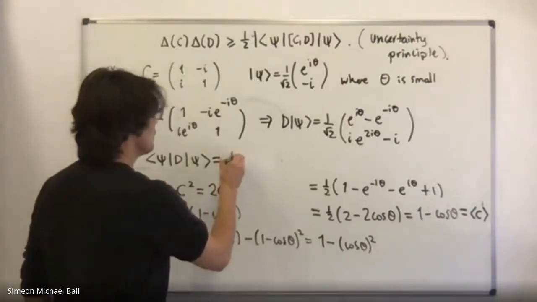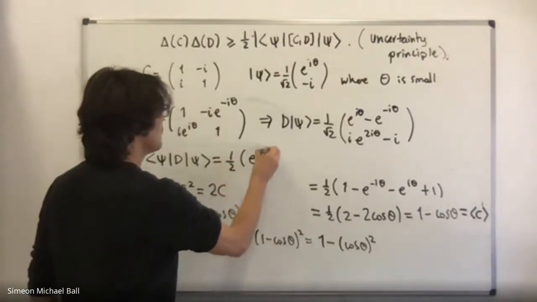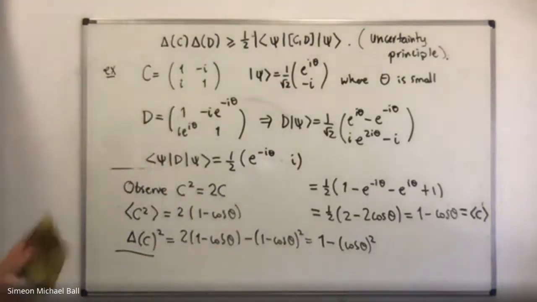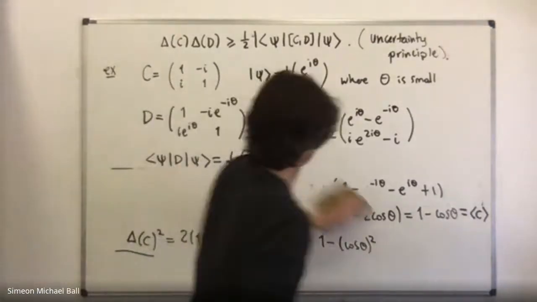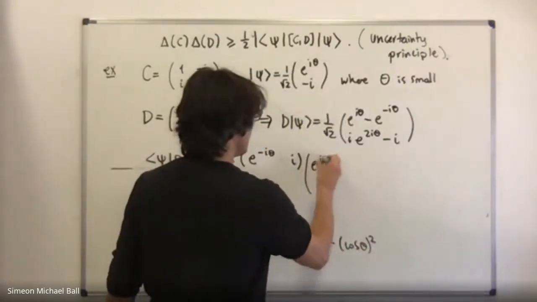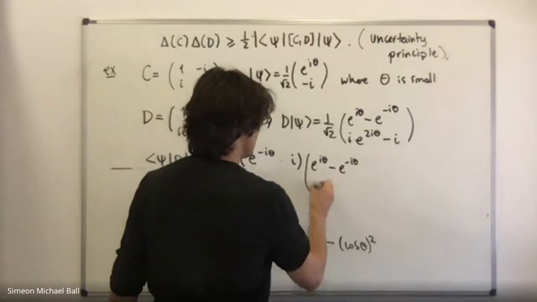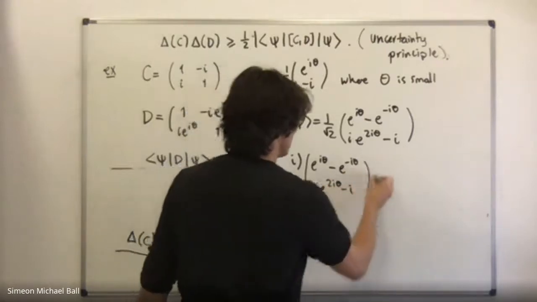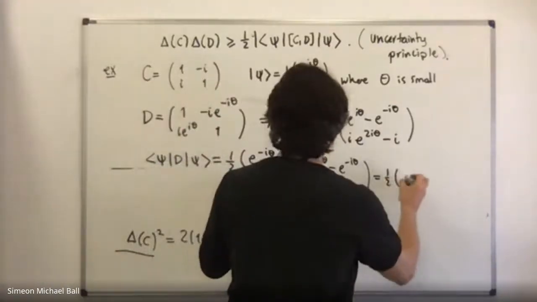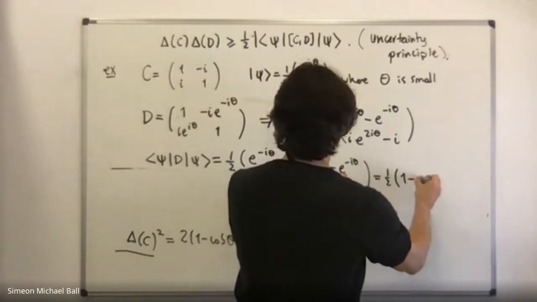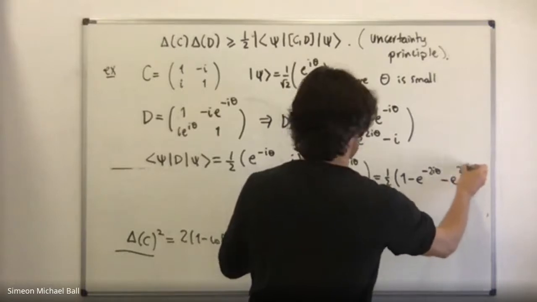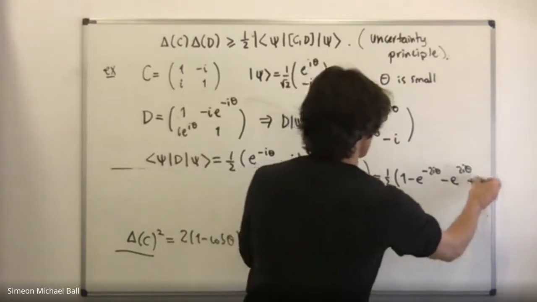And this is going to give us 4 terms again: 1 minus e to the minus 2i theta minus e to the 2i theta minus i squared, which is 1.